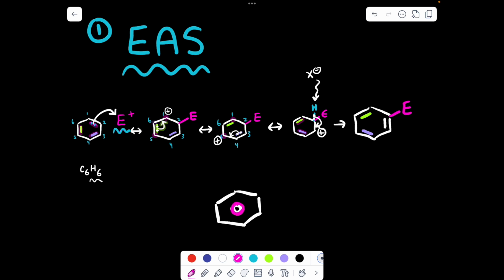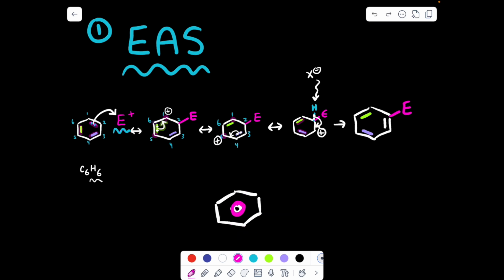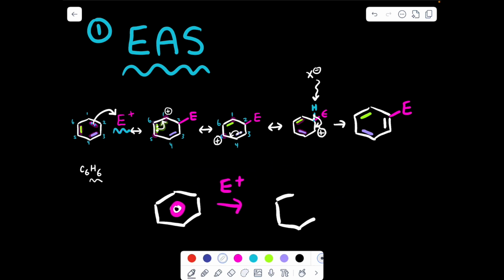This circle represents the fact that the electrons are circulating just like buzzing bees, constantly moving. And at the end of the day, even after benzene attacks something that is electrophilic, it doesn't change. One of those carbons just grabs the E group and benzene remains aromatic. Bada bing, bada boom, that is it.